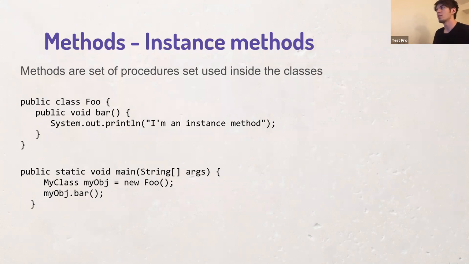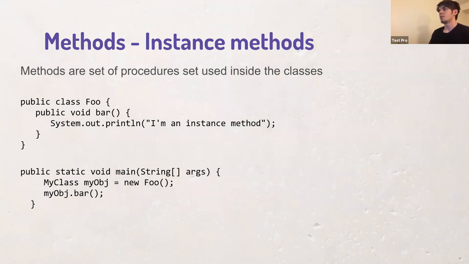After performing the action, it will return no result. And if this method returns a value, you will need to specify it here. Let's say if it returns a string, you specify it here, and it's the same for integers, booleans, and so on.